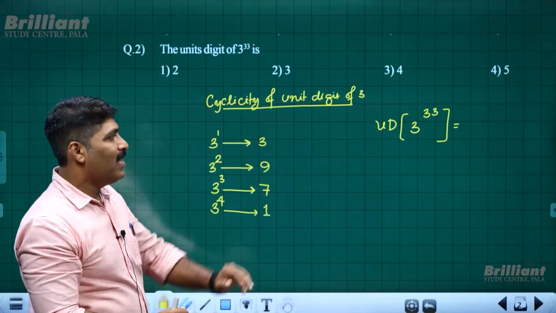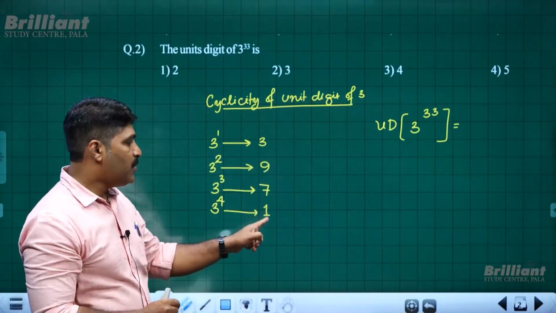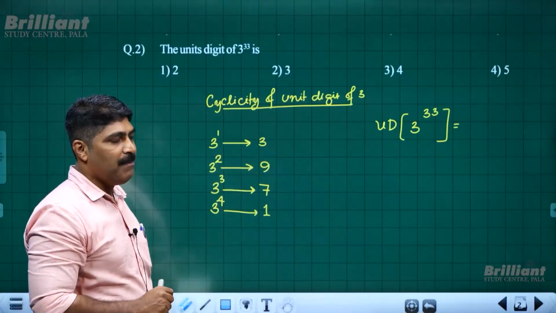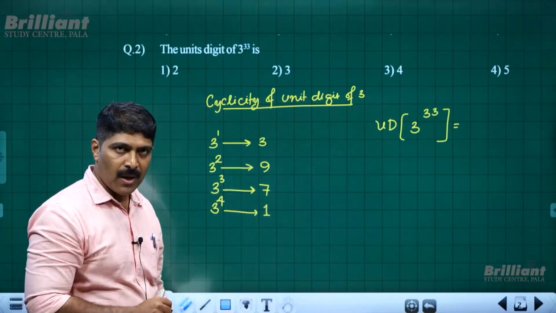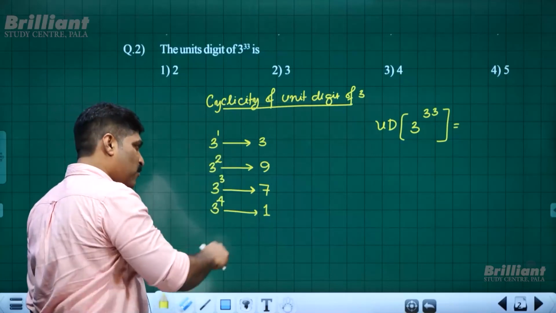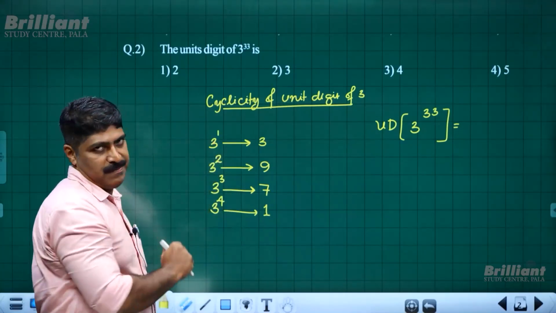So whenever the exponent is a multiple of 4, the unit digit is always 1. Now look at that number, 33. When we divide that number by 4, the remainder is 1.